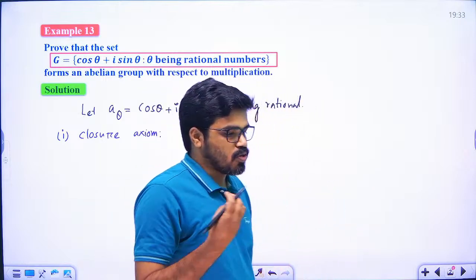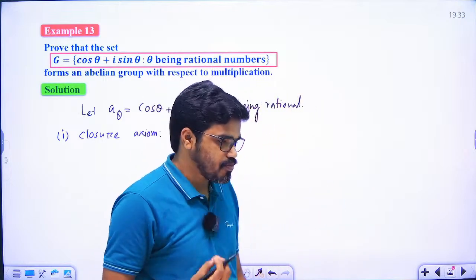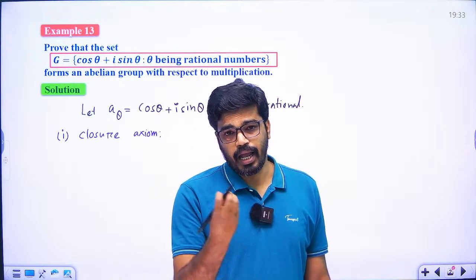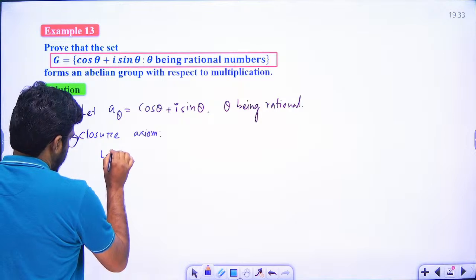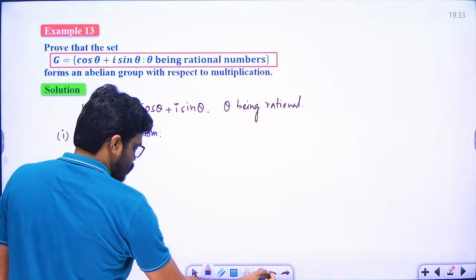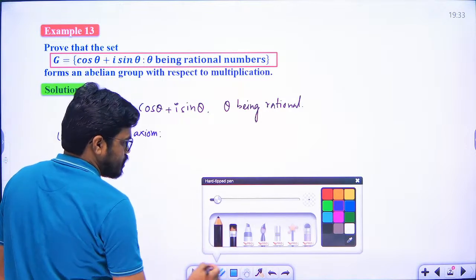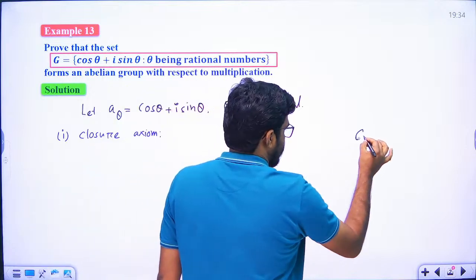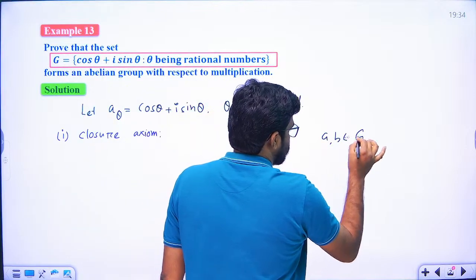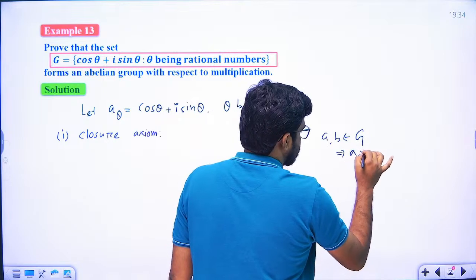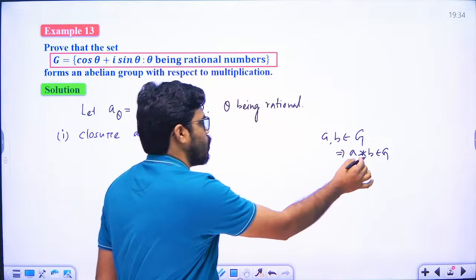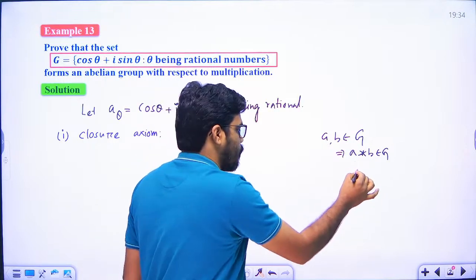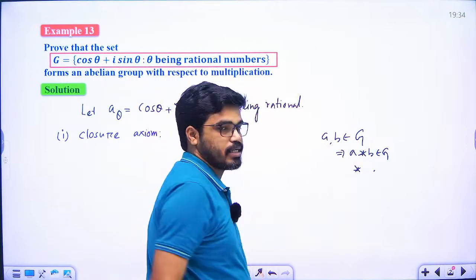So here we consider two elements. What is closure property? If a, b belongs to G implies a star b belongs to G, then we say that G is closed with respect to the operation star. Here the operation is multiplication, right?